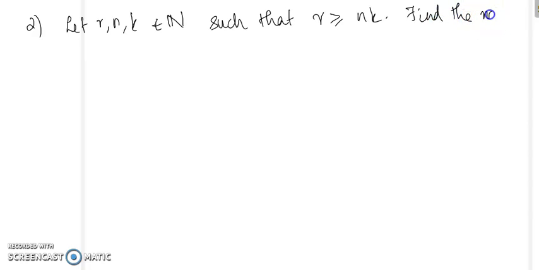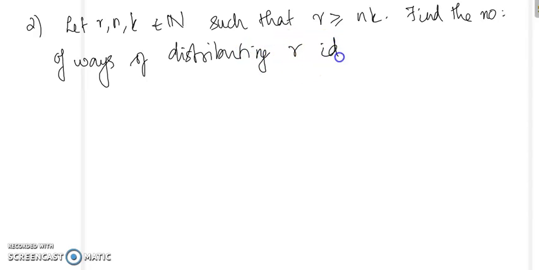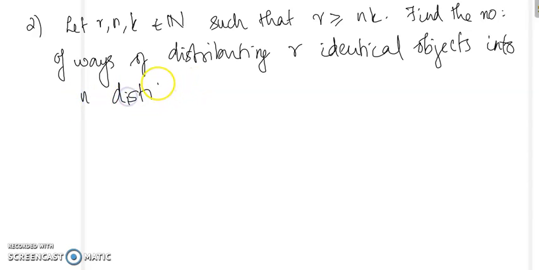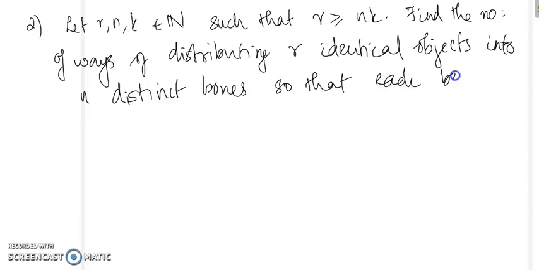Then find the number of ways of distributing r identical objects into n distinct boxes so that each box holds at least k objects.